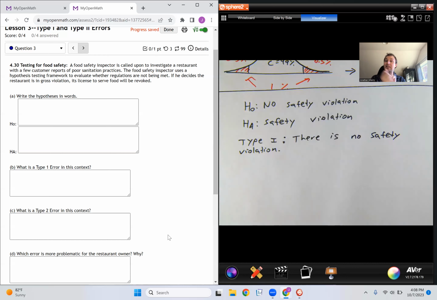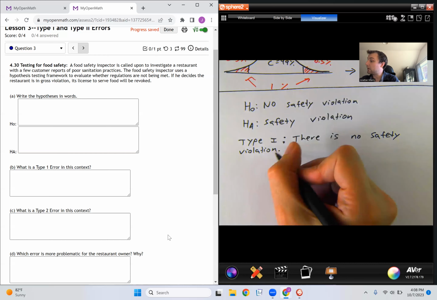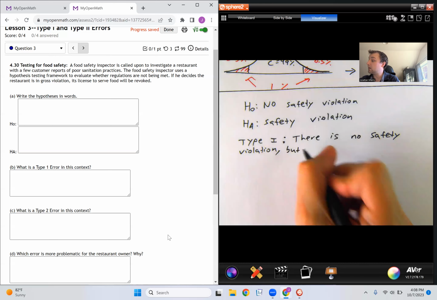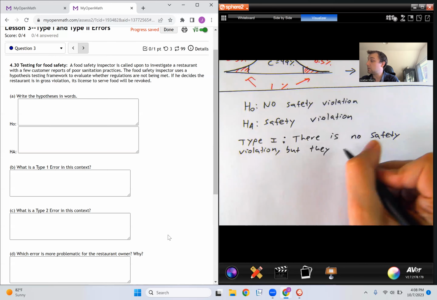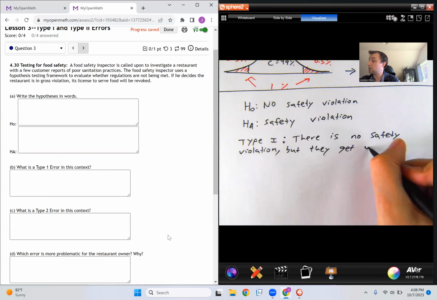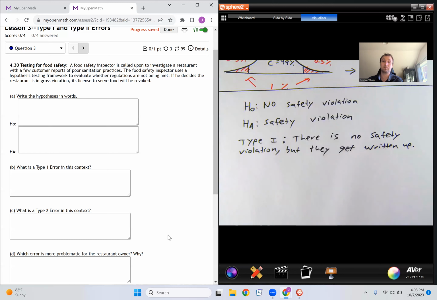So there's going to be a but something else, and it's going to be the opposite. So there is no safety violation, but they get written up. So they're not doing anything wrong, but they're going to get their license revoked.